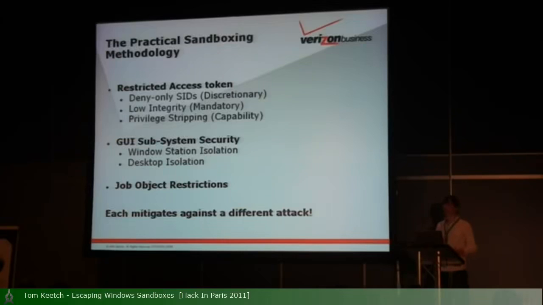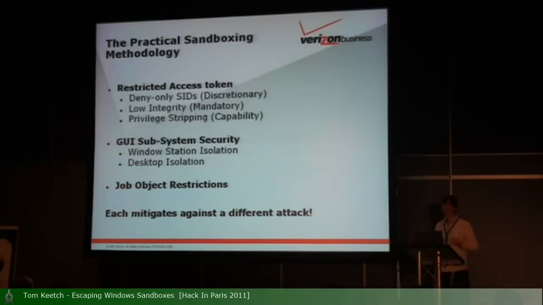There's also a completely separate access control mechanism associated with the GUI subsystem. There are the concepts of Windows stations and desktops, and any applications on the same desktop are essentially in the same security compartment.